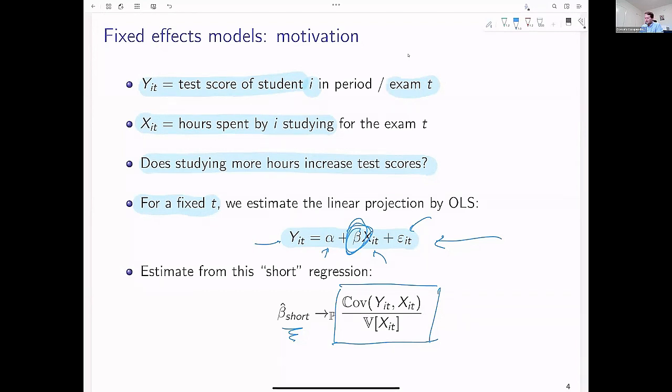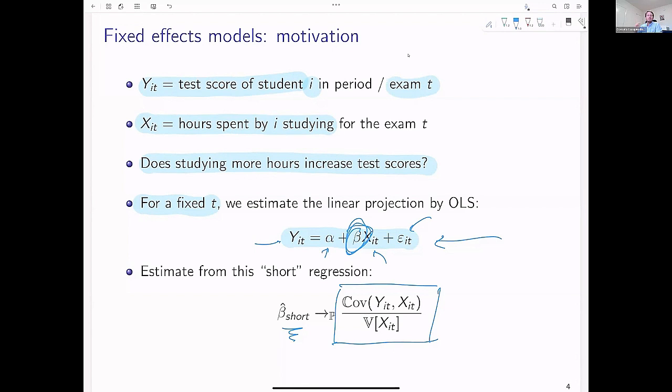But then the question is, is this beta hat really capturing what I wanted to capture? We said we would like to measure the effect, quote unquote, of hours of study on test scores. This is not really an effect, right? What we're capturing is an association between hours of study and test scores.